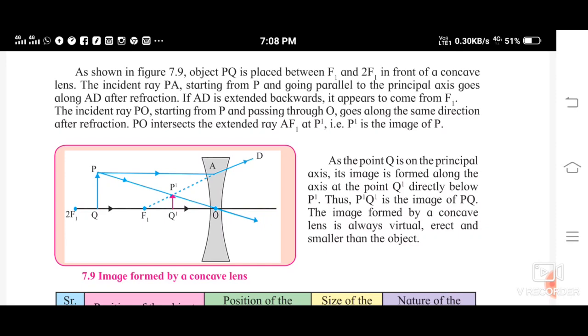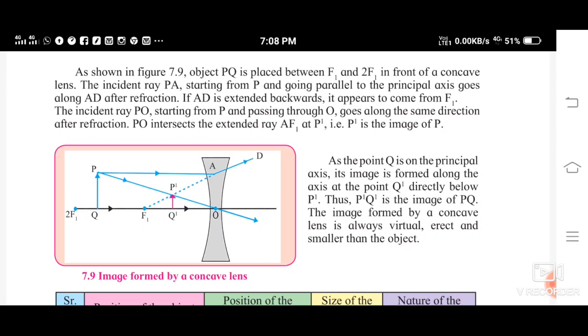If AD is extended backwards, it appears to come from F1. The incident ray PO, starting from P and passing through O, goes along the same direction after refraction.